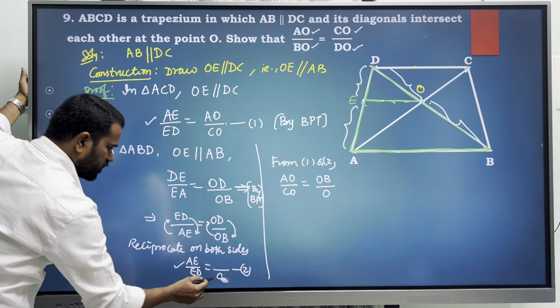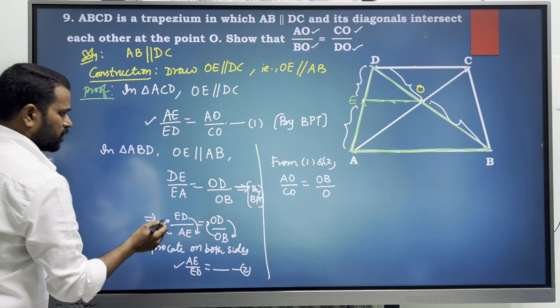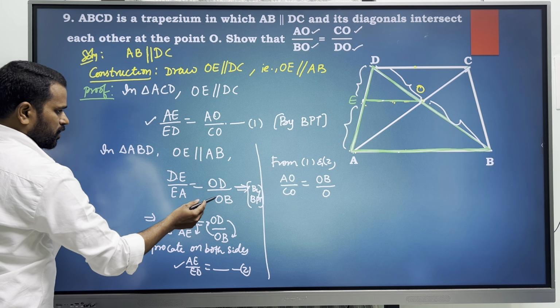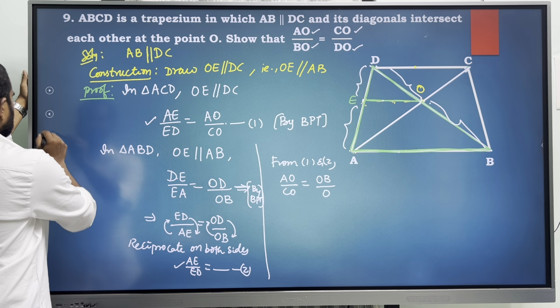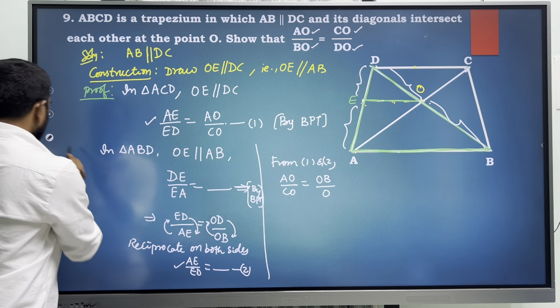Here I will interchange this also and write it as DO by BO.